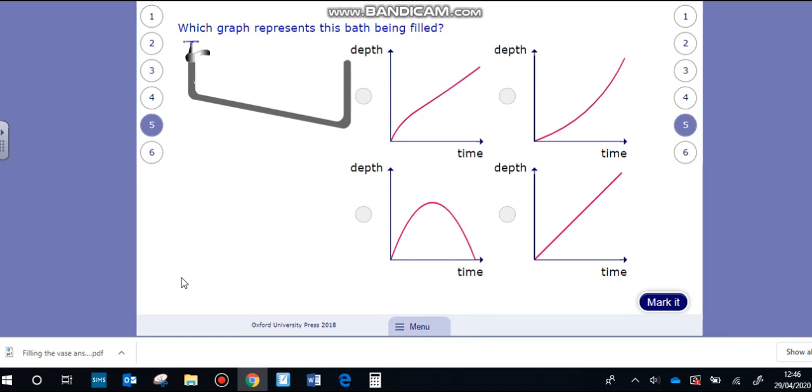So let's have a look at the graphs. This is the sort of graph we had last time, which says it's going to fill steadily from 0.